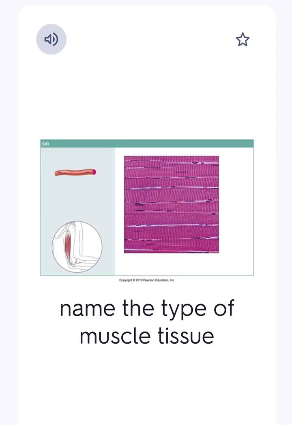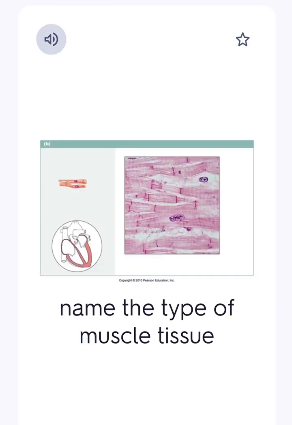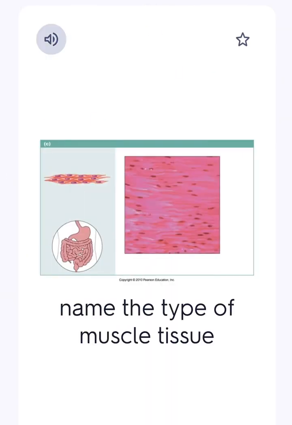Name the type of muscle tissue. Skeletal muscle. Name the type of muscle tissue. Cardiac muscle. Name the type of muscle tissue.